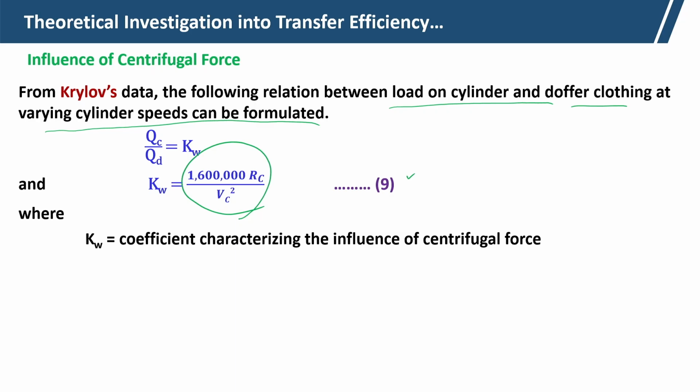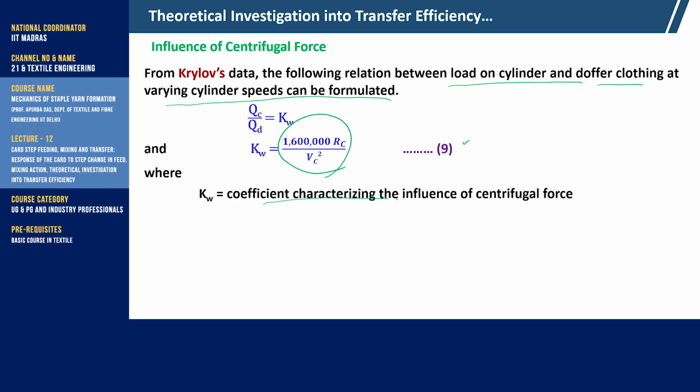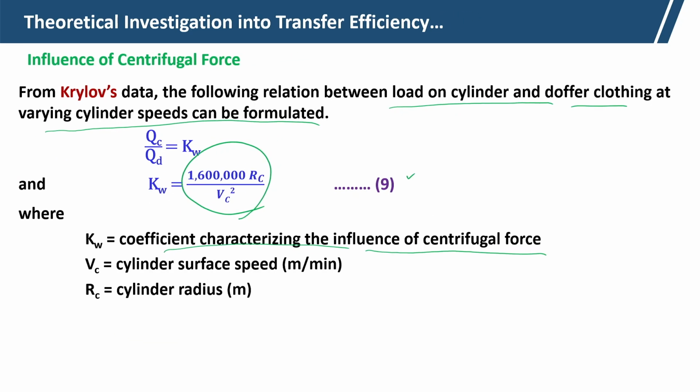Kw is the coefficient characterizing the influence of centrifugal force. Vc is the cylinder surface speed, the centrifugal force comes from the cylinder rotation, and Rc is the cylinder radius. Now, we can see that if Rc increases, the Kw transfer coefficient will increase.